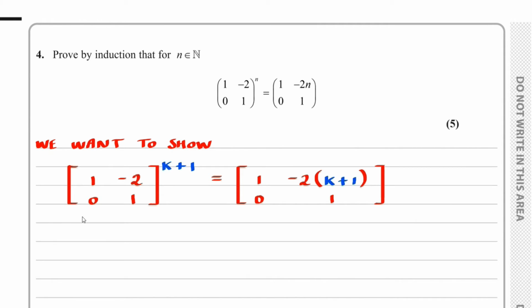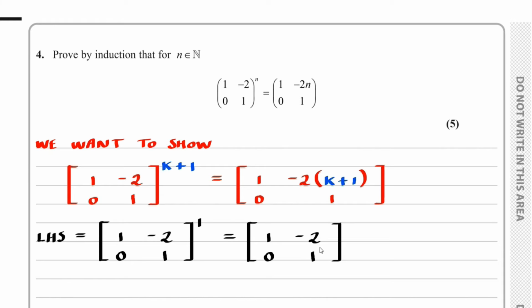So, to begin with, let's take a look at the left hand side when n is equal to 1. When n is equal to 1, we have (1, negative 2; 0, 1) to the 1. That's going to equal (1, negative 2; 0, 1).